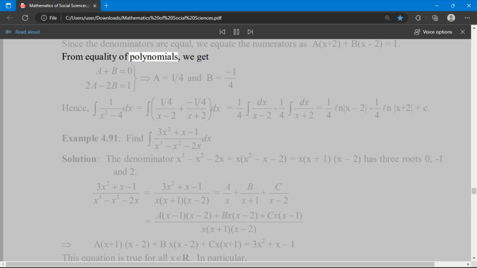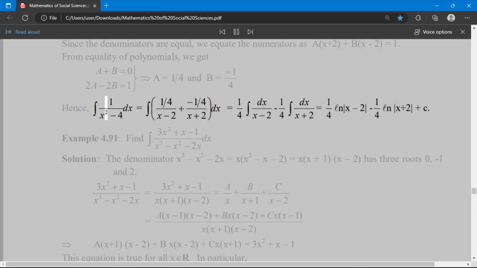From equality of polynomials, we get A equals 1/4 and B equals -1/4. Hence, the integral of dx/(x^2 - 4) equals (1/4) times the integral of dx/(x - 2) minus (1/4) times the integral of dx/(x + 2), which equals (1/4) ln|x - 2| - (1/4) ln|x + 2| + c.